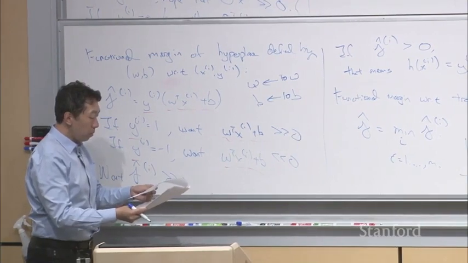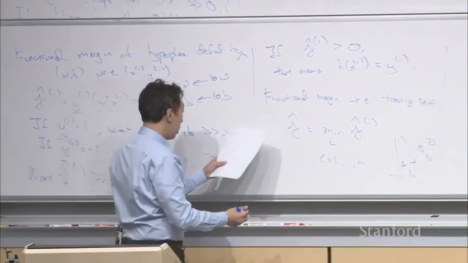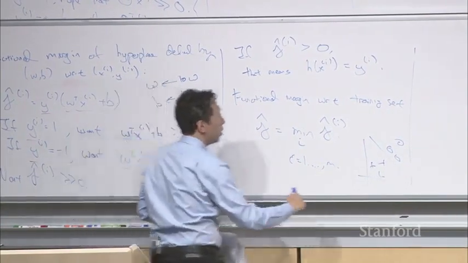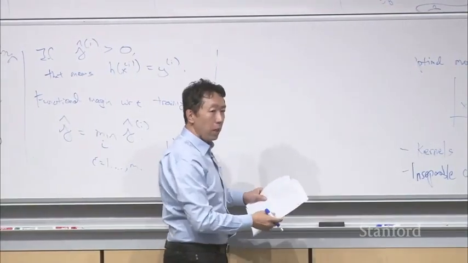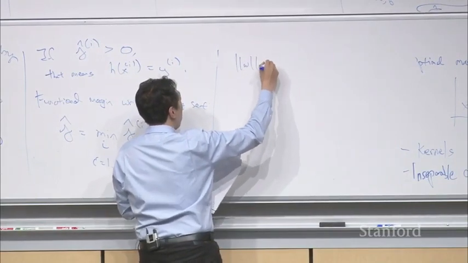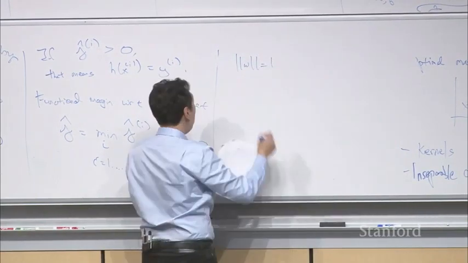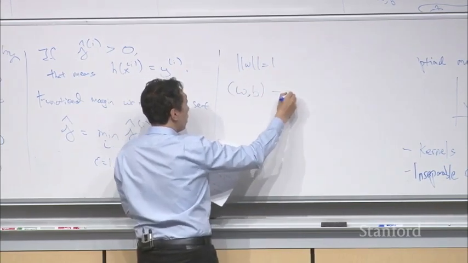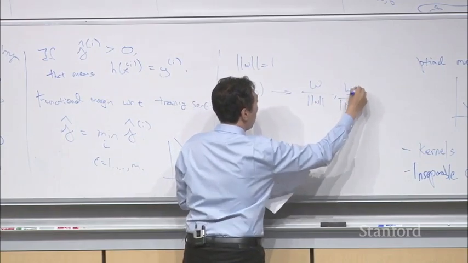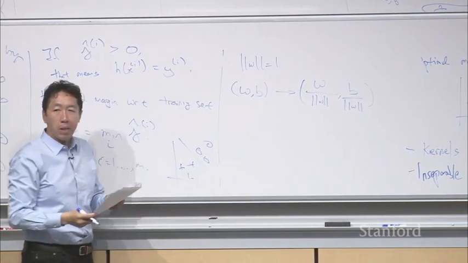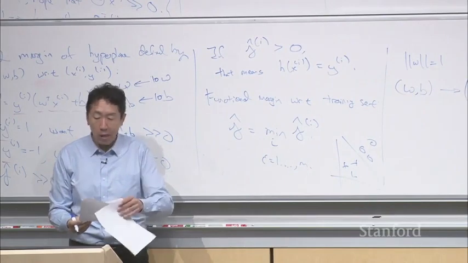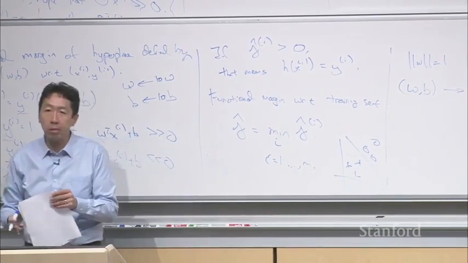One thing you could do would be to normalize the length of your parameters. So for example, hypothetically, you could impose a constraint that the norm of W is equal to 1. Or another way to do that would be to take W and B and replace W with W over the norm of W, and replace B with B over the norm of W. Just divide your parameters through by the Euclidean length of the parameter vector W, and this doesn't change any classification, it's just rescaling the parameters.